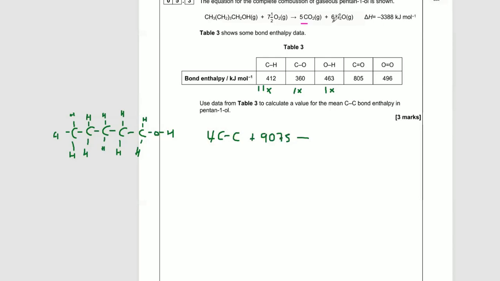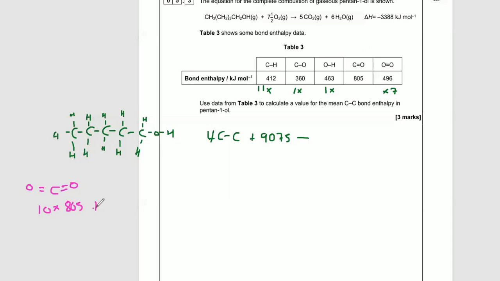Now I need to add up the products, and I've got 5 carbon dioxide. So how many C=O bonds are there? They're worth 805 each, you can see in the table. So 805, I need to times that by 10, so that's going to be 8,050. Why do I need to times by 10?